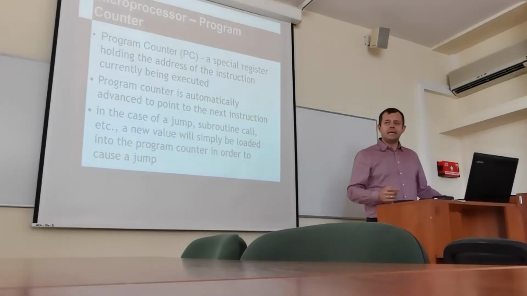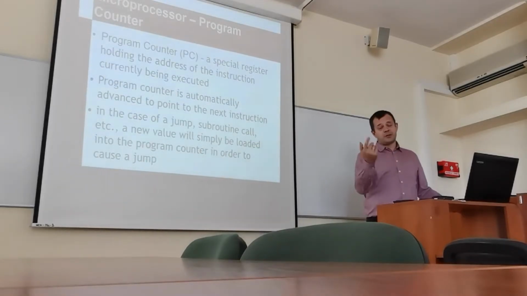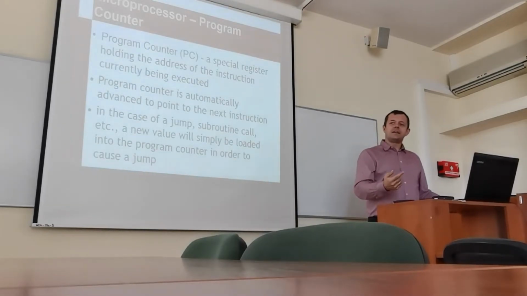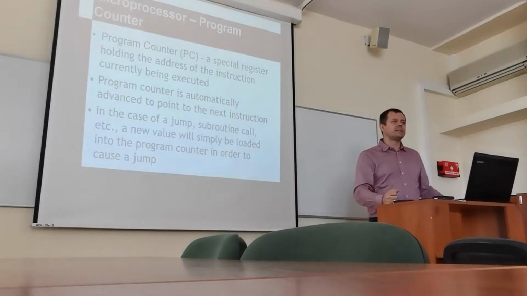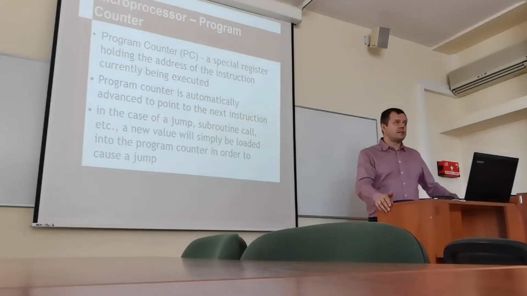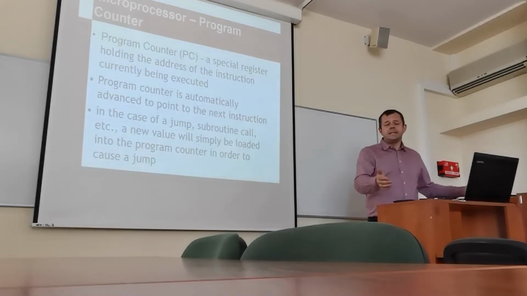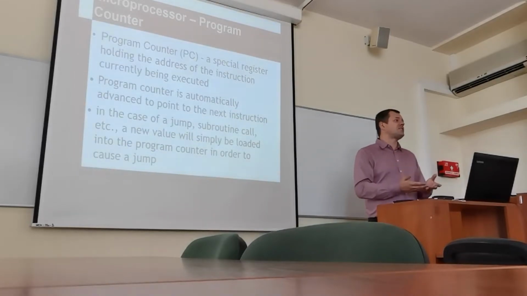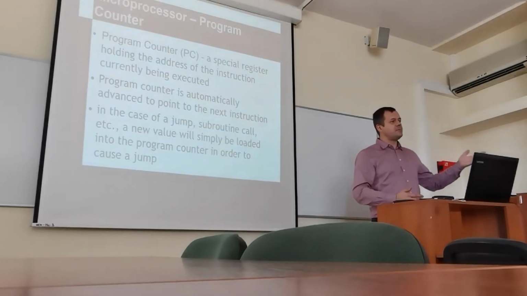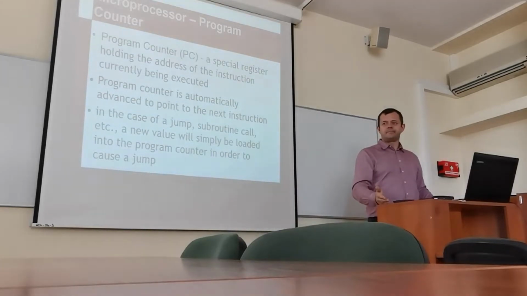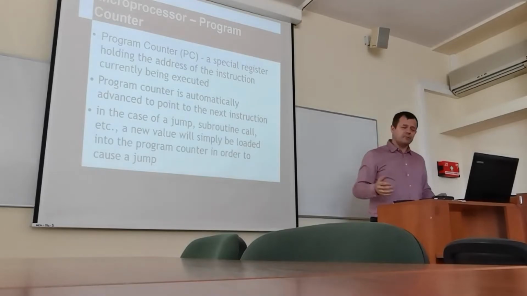But 14-bit means that the microprocessor with a 14-bit program counter is able to address 2 to the power of 14 cells, which is not very much, because it's just like 16,000. But it can address 16,000 cells. Then whether the cells are 8-bit, 16-bit, or 32-bit is defined by A, B, and R. But the program counter is something different.